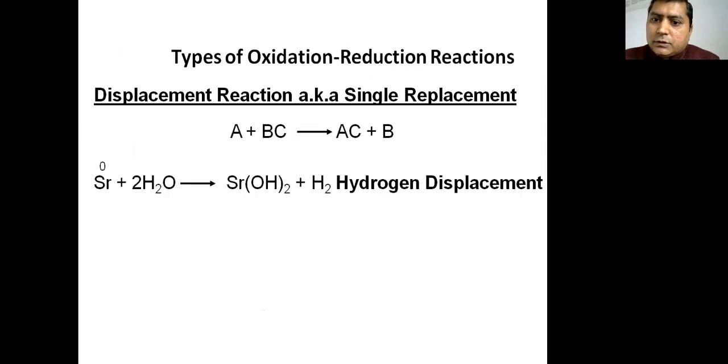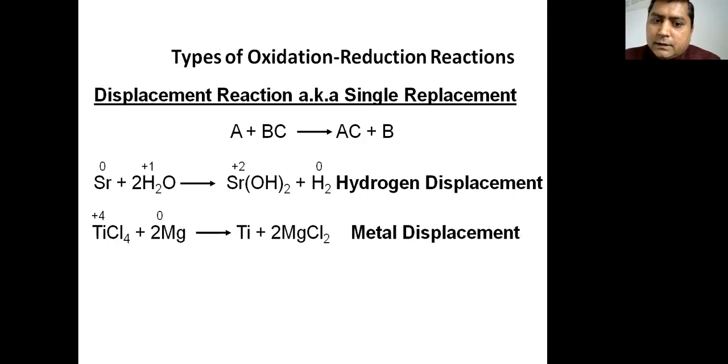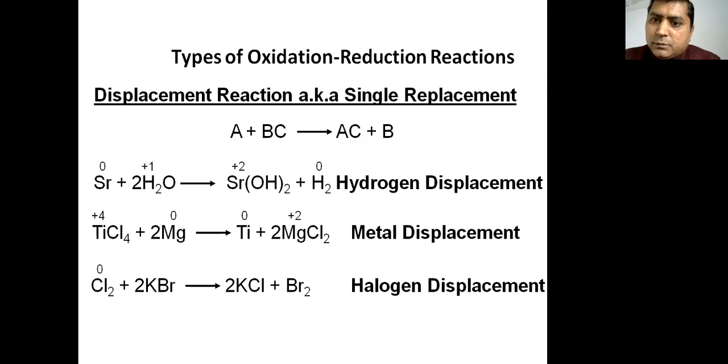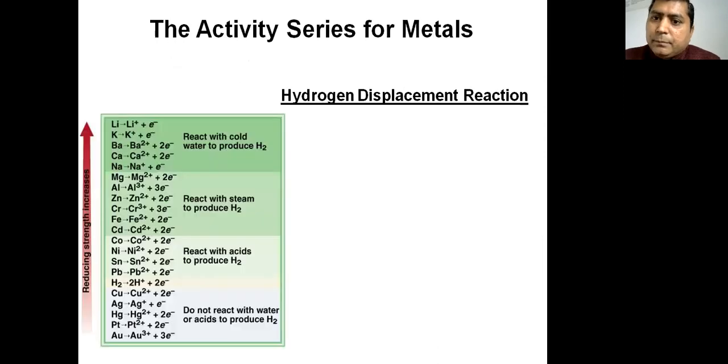Then the displacement reactions. Here, strontium and water form strontium hydroxide, which is also an oxidation reduction reaction. Hydrogen is displaced; titanium chloride and magnesium are metal displacement and hydrogen displacement, all displacement reactions.